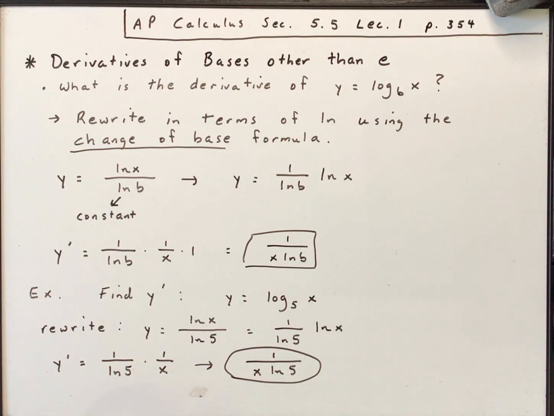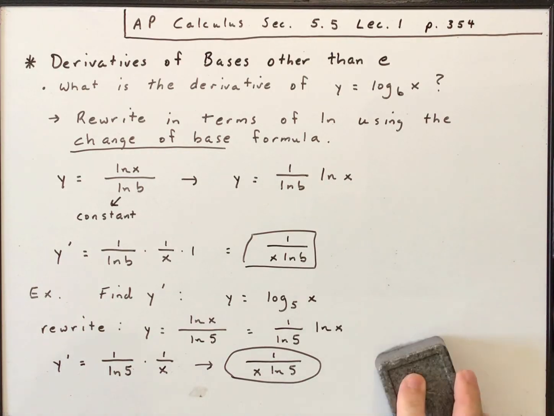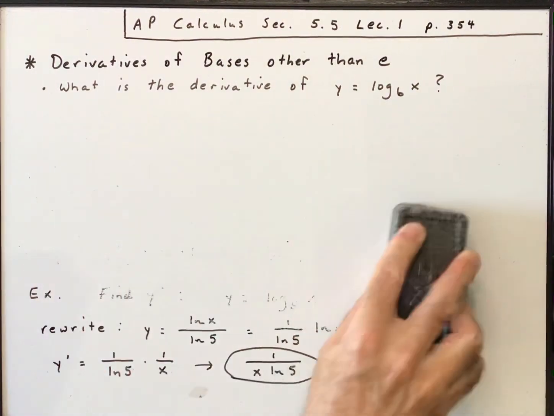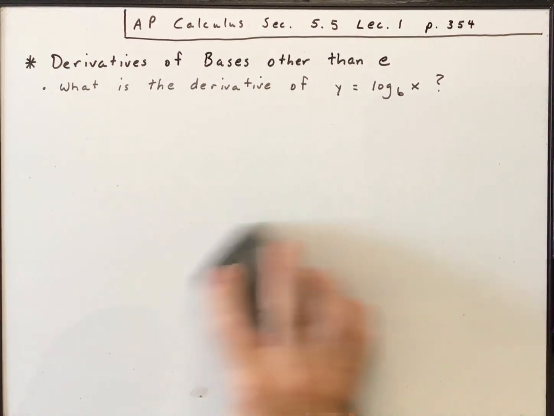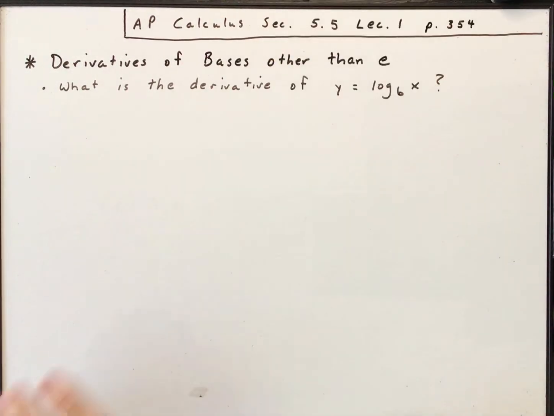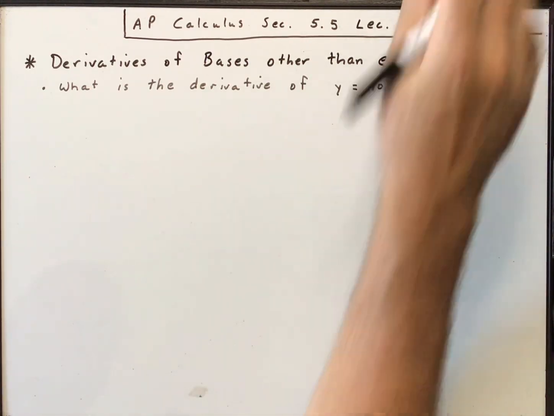So that's the most basic type of problem that you could get in your homework. But we're not going to stay with the basic, are we? We're going to have to use the properties of logarithms to rewrite and maybe do some chain rules and things like that. So building on what we did last section.